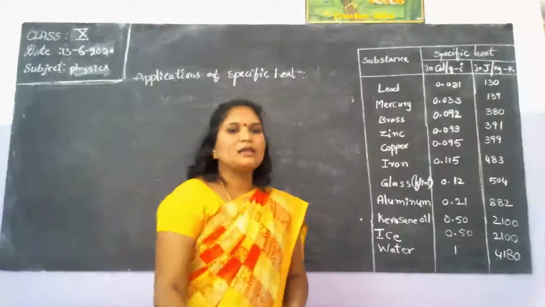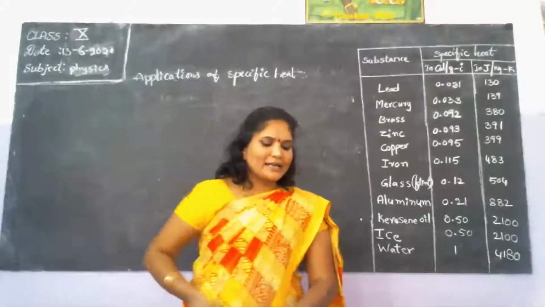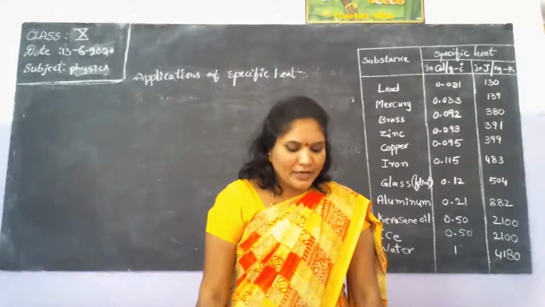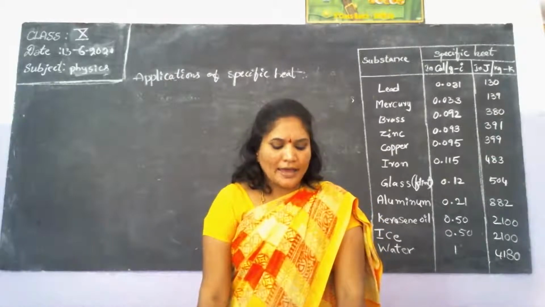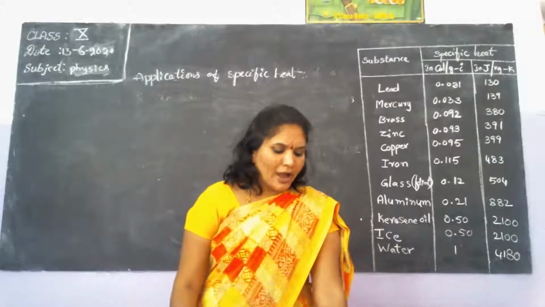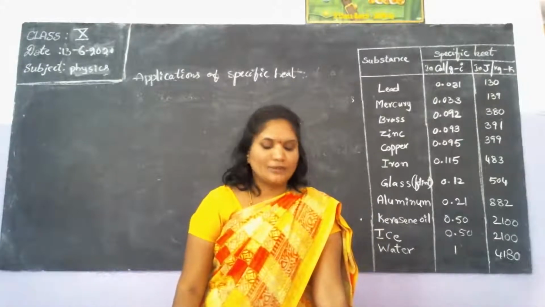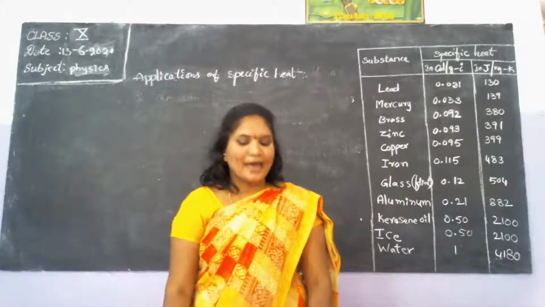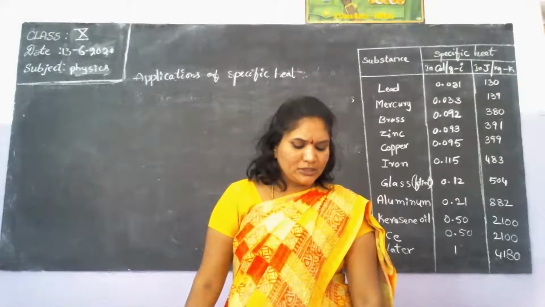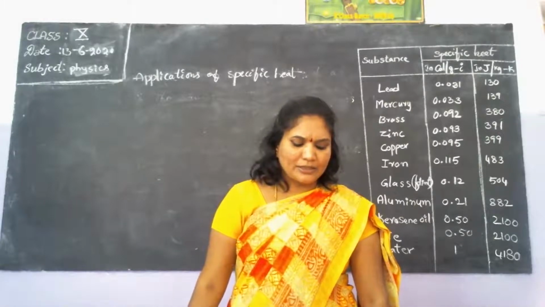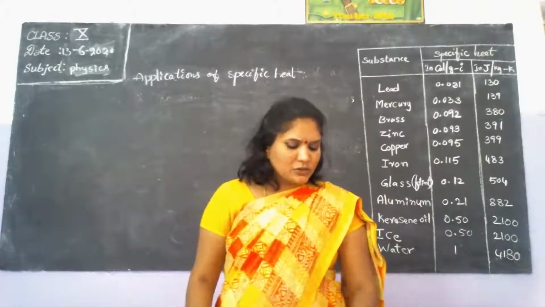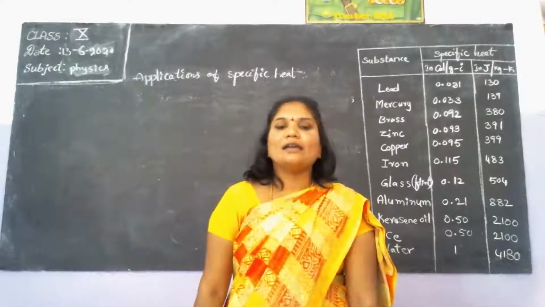Third example: the sun directly delivers a large amount of heat energy to the earth. The water sources on the earth, particularly the oceans, absorb the energy to maintain a relatively constant temperature. The oceans behave like heat storehouses for the earth.